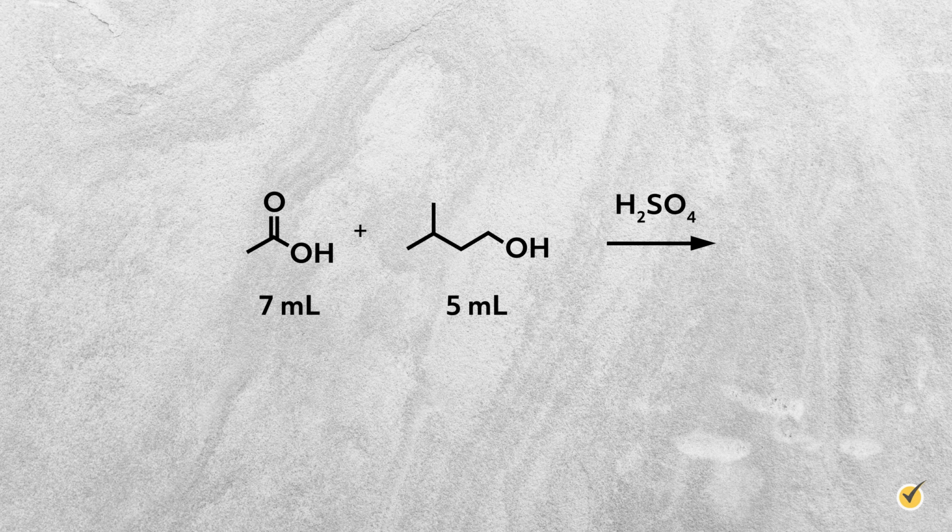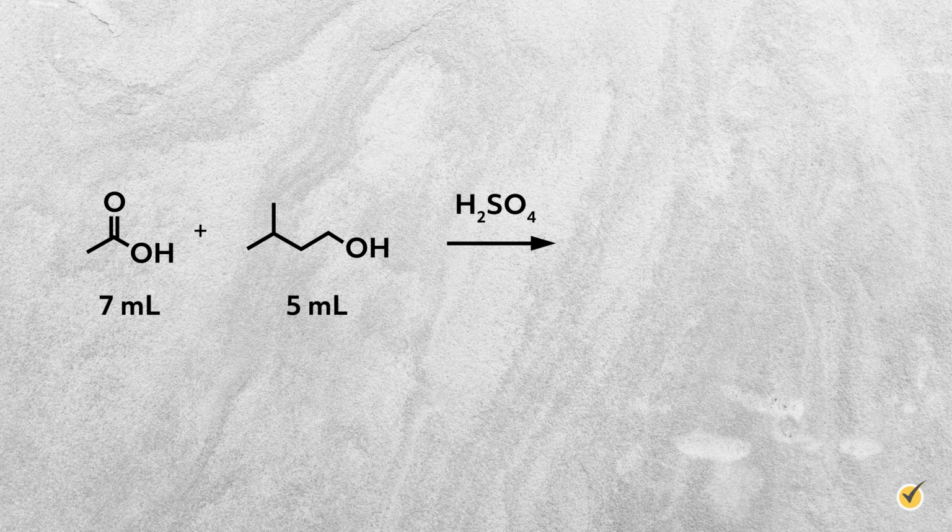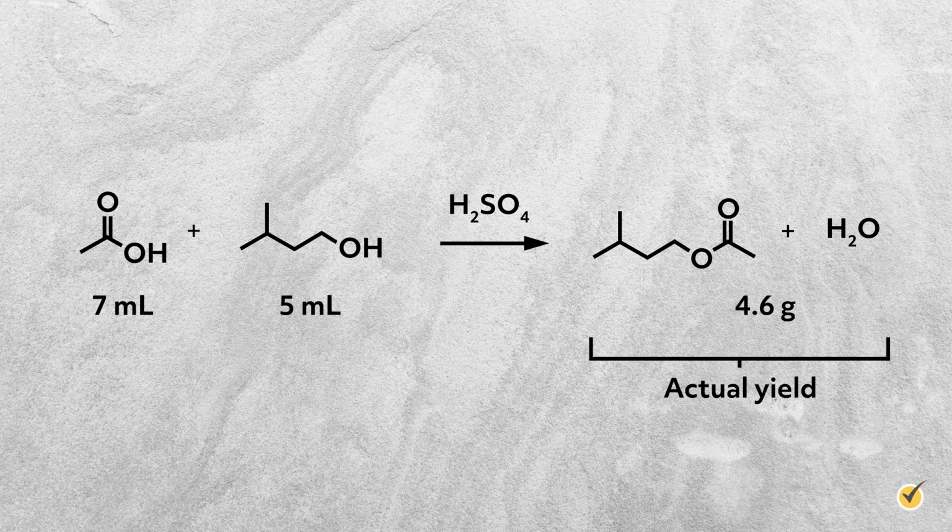You mix it all up and heat the mixture. After a while, you decide it's time to stop. You wash your banana oil with water to remove excess reactant, separate your product, and take its weight. And ta-da! 4.6 grams of product. This is your actual yield, the literal amount of product you made in the lab.